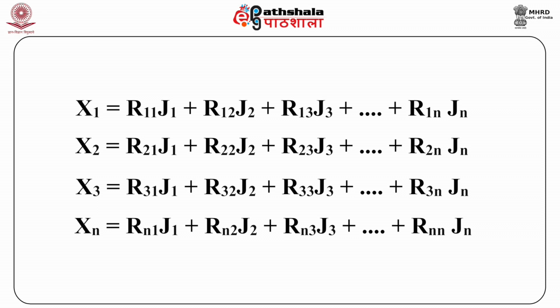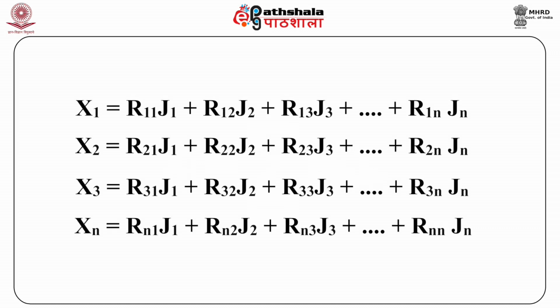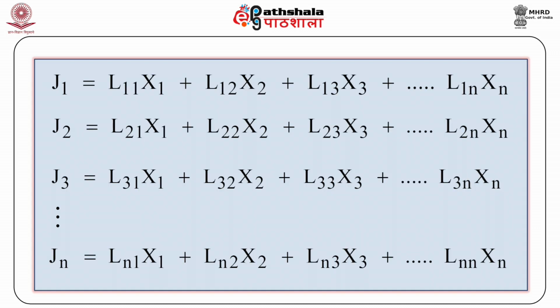An alternative form of the equation, in which the forces are represented as linear functions of flows, can be expressed by the equations, and we have Xi equals summation Rik into Jk. A set of equations is obtained by solving the equation for the forces.